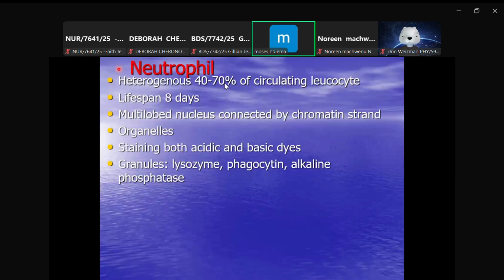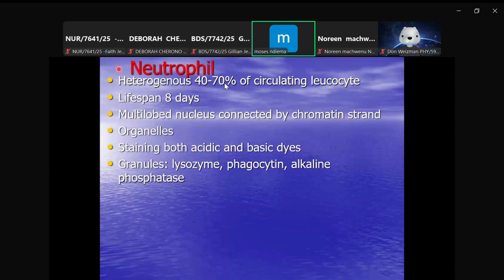Now, of the formed elements, we said neutrophils are the most common ones. When you look at any blood smear, what you would see are neutrophils commonly. You see lymphocytes also quite a bit, but neutrophils, of the granulocytes, are the most common ones. And these have a general lifespan of 8 days. Because they are very important as surveillance, they are usually found in the body.